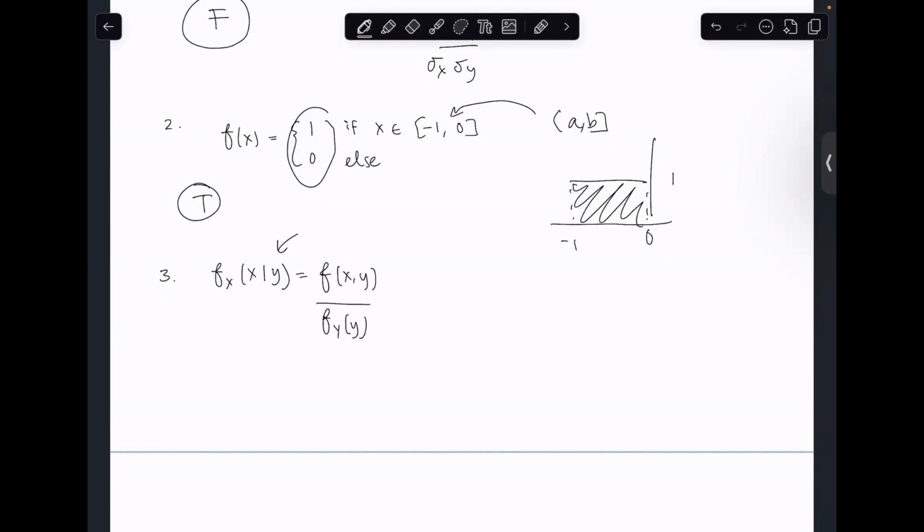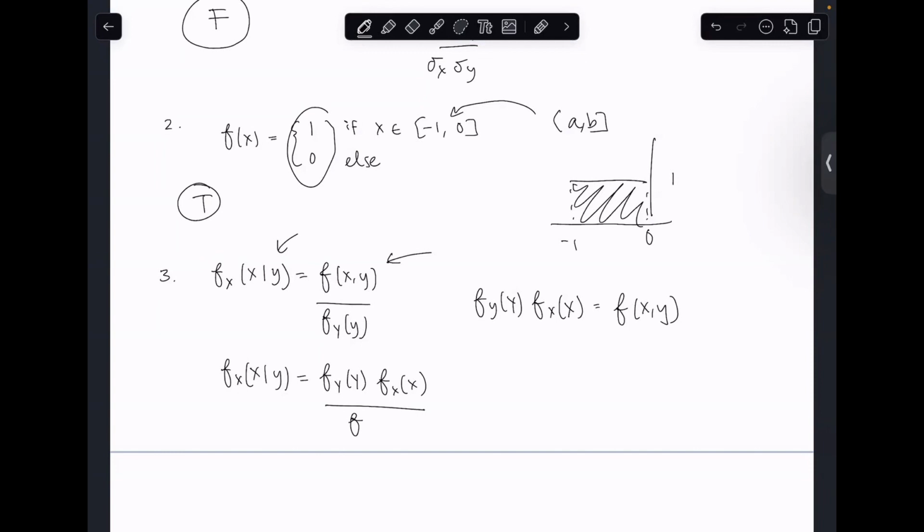And it says in this problem, if random variables x and y are independent, let's remember that independence means that this holds, right? So if that's the case, then I can rearrange things here to say that this is equal to my marginal density for y and my marginal density for x divided by, like we have up here, my marginal density for y. These cancel, and that's just equal to this.